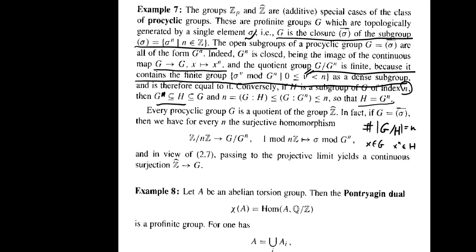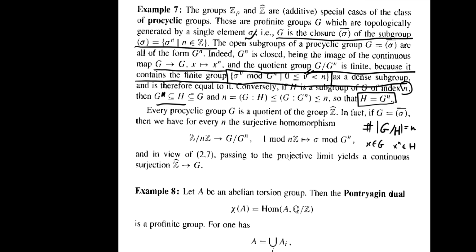And the element is a power of this topological generator when we do the quotient. But anyway, this is clear. What we prove is this: an open subgroup of G of index n is of this form.